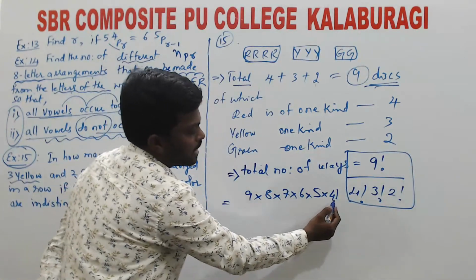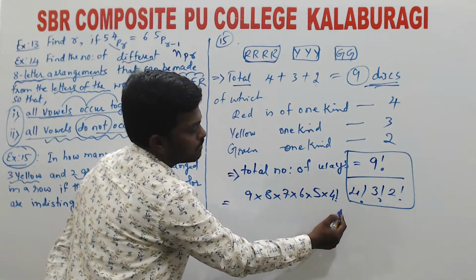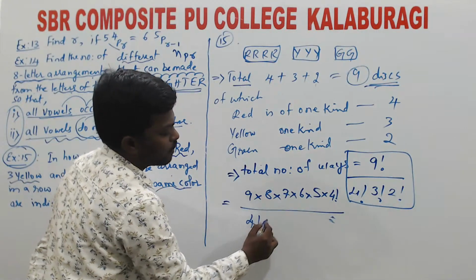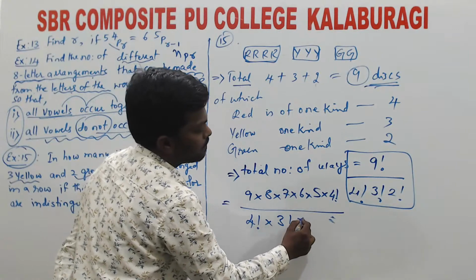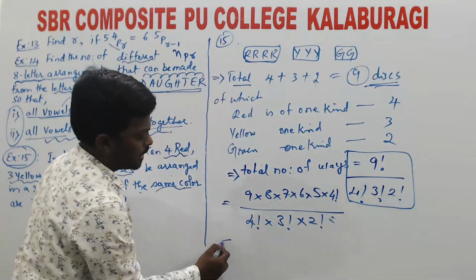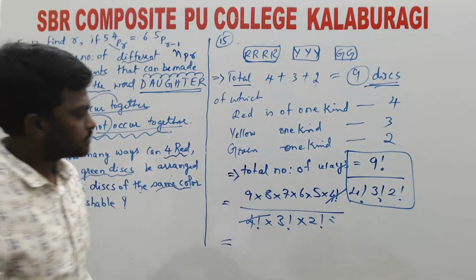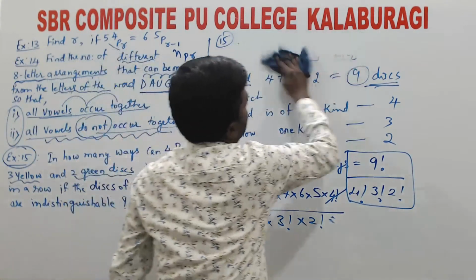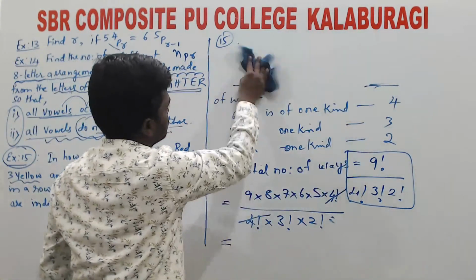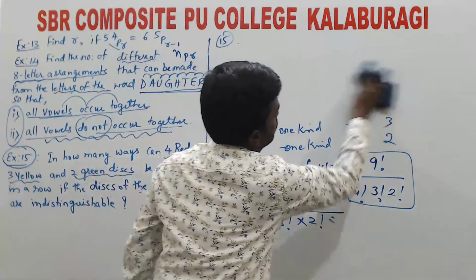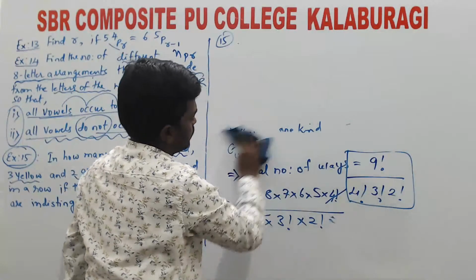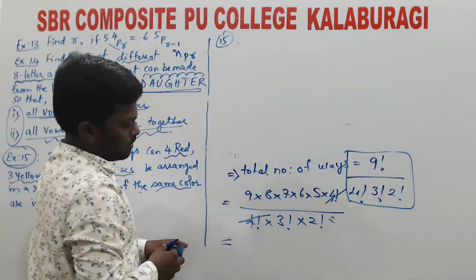Let me simplify. I've stopped till here, 4 factorial, because in the denominator we have 4 factorial, 3 factorial into 2 factorial. Yes, students. So 4 factorial gets cancelled. Right.